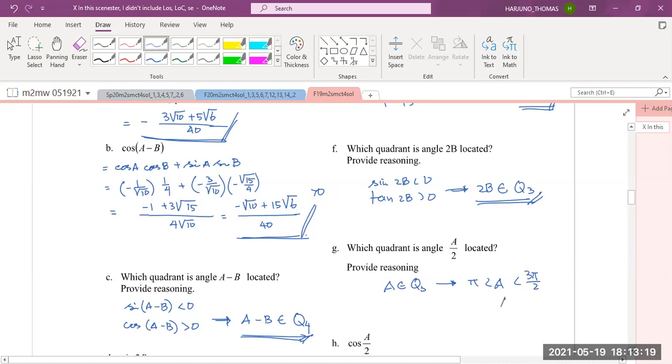Now, when we divide by 2, it is between pi over 2 (90 degrees) and 3 pi over 4, which is less than pi, right? You see, for quadrant 2, it is between pi over 2 and pi. So our A over 2 must be in quadrant 2.